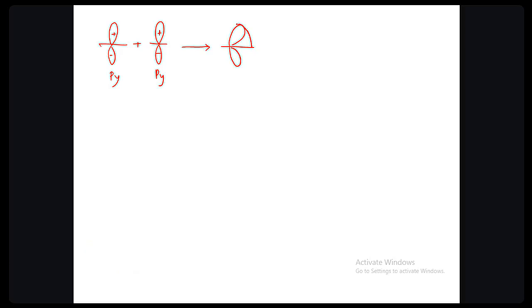Same symmetry, plus plus minus minus, the overlap, and now you see this is the electron density, this is the electron density. Okay. So here only one nodal plane, right? And this is the pi bonding MO. So only one nodal plane, so it is pi u, whatever you can write.